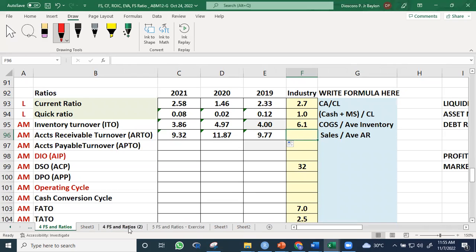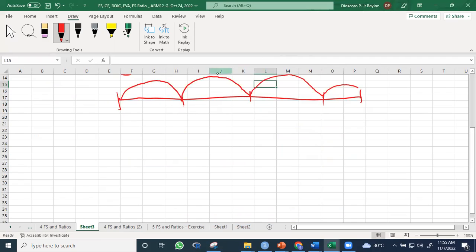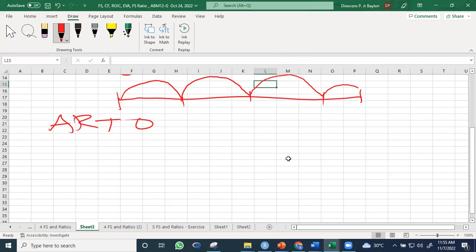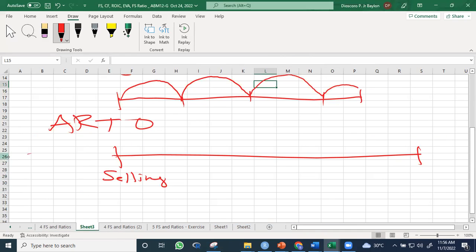Okay, but let's just take a look at what this means. So ano naman tong ARTO? Accounts receivable turnover. And for this company, the ARTO was 9.32 times, no? Around 9 times. So what does this mean? So for the whole year, from selling, ilan to? 9.3 or 9 na lang, approximate ko lang 9. 9 times yung ARTO.